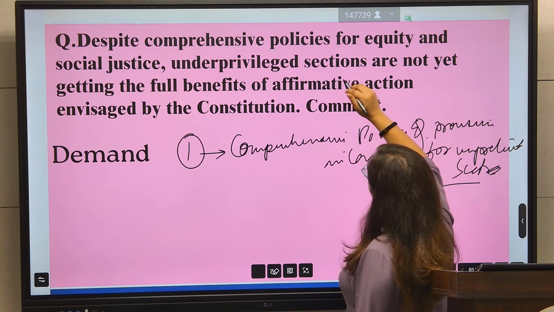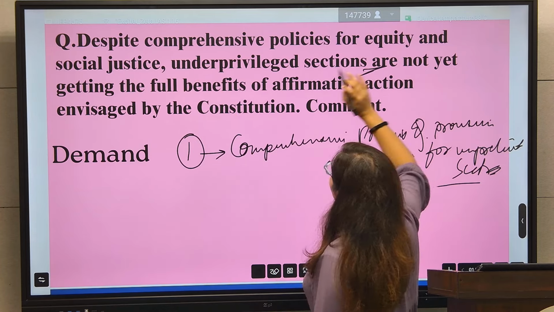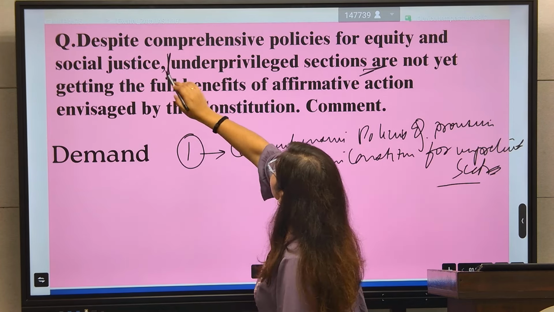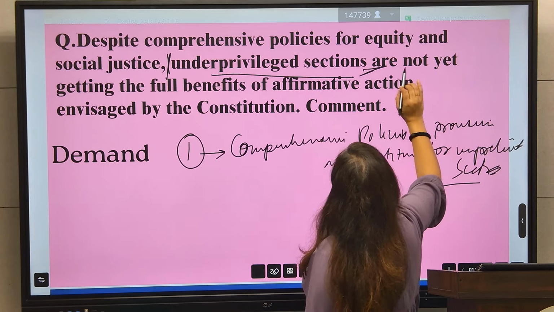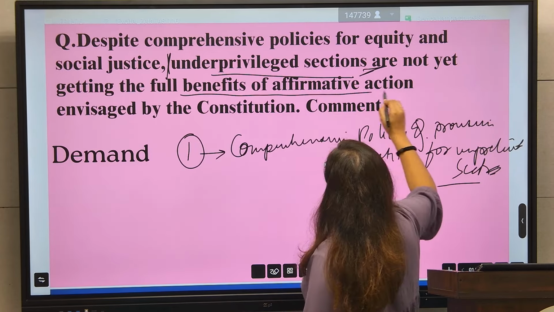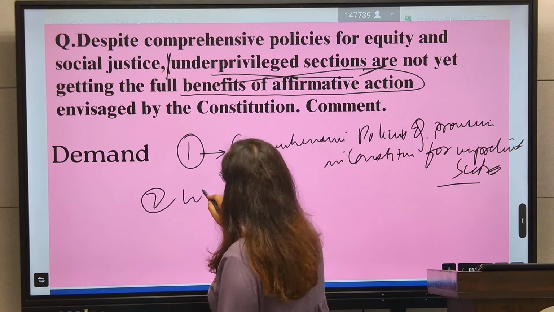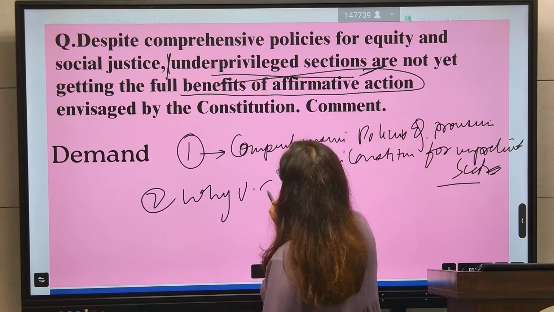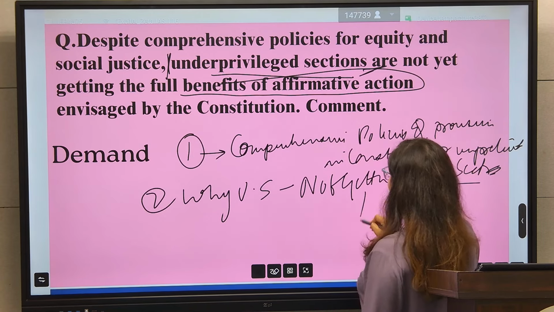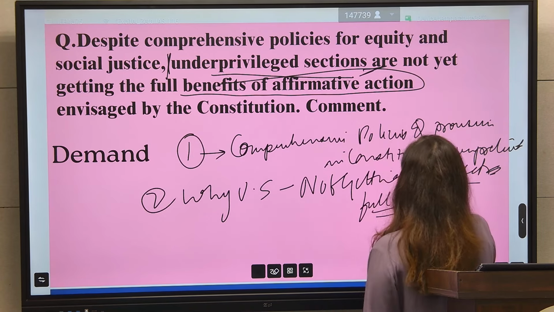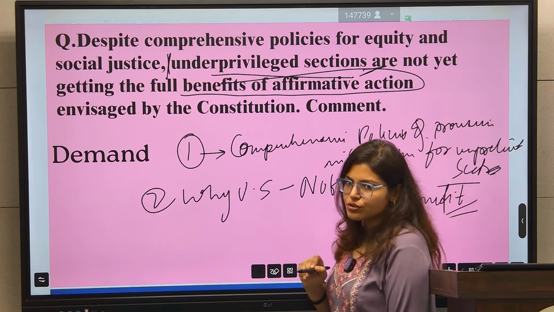Now, considering this statement, despite comprehensive policy for equity and social justice, this is the first part. Second is that underprivileged sections are not getting the full benefit of affirmative action emphasized by the government. Second is why underprivileged sections are not getting the full benefit of these policies and provisions given in the Constitution.